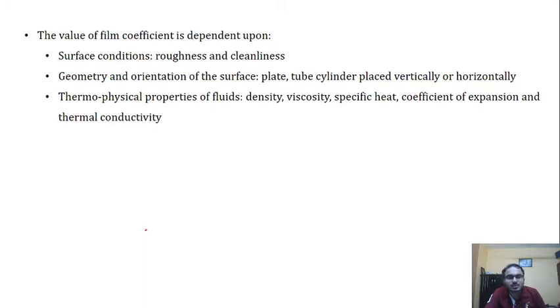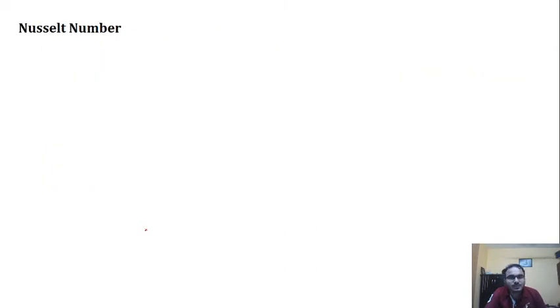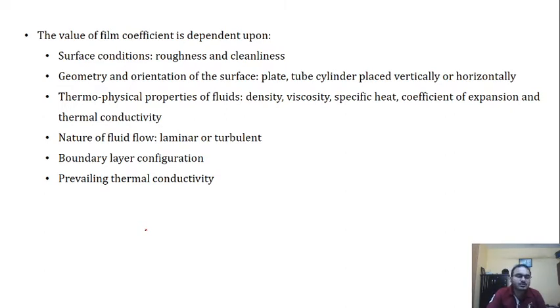Third is thermophysical properties of fluids, that is density, viscosity, specific heat, coefficient of expansion, thermal conductivity. Then nature of the flow, that is laminar or turbulent. Next is boundary layer configuration, that we will see in detail. Prevailing thermal conductivity. So these are the factors on which the value of film coefficient depends.